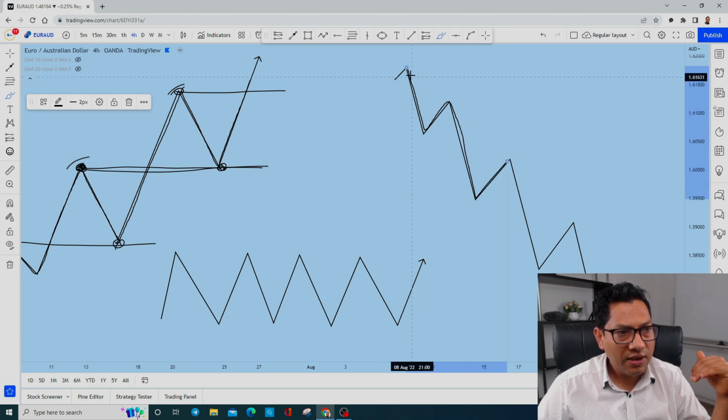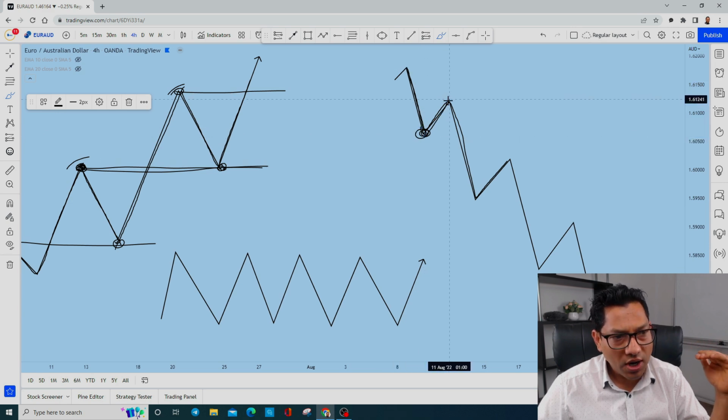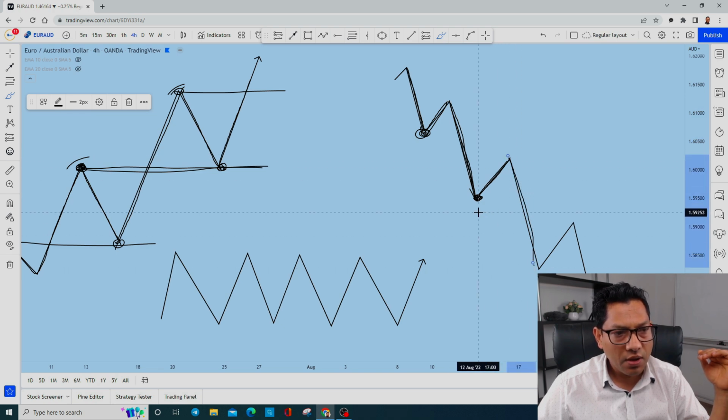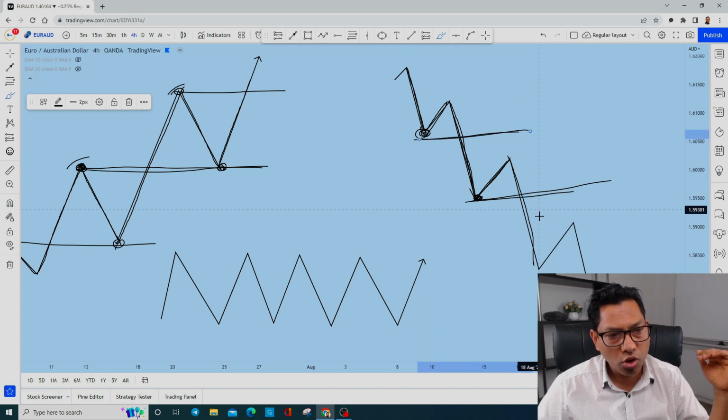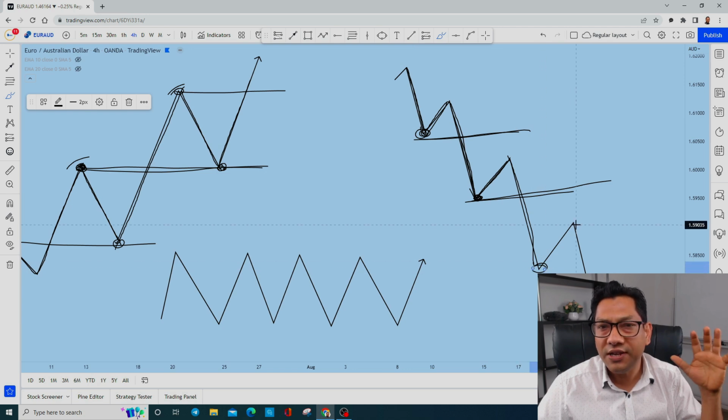It dropped, created a low, then pushed up, and then the market broke the previous low and came to this zone. Then the price went up for a retracement and broke down again, breaking the previous low. Every time the price was pushing, breaking the previous low, that is what we call a downtrending market structure.